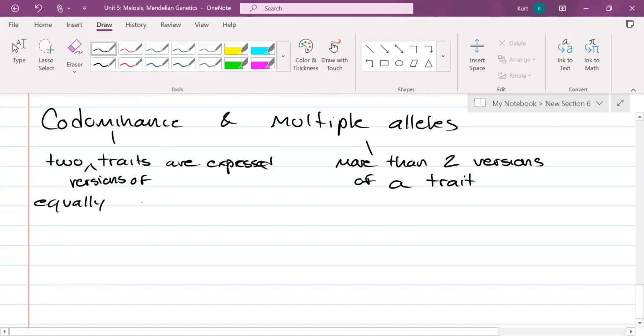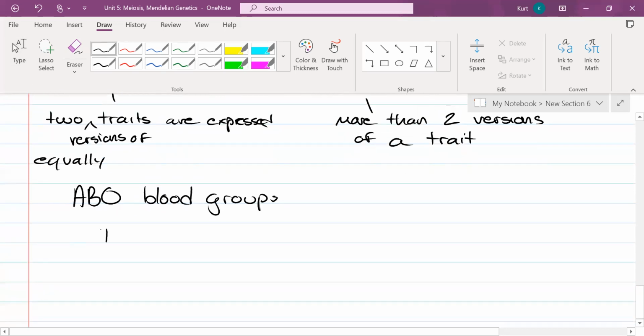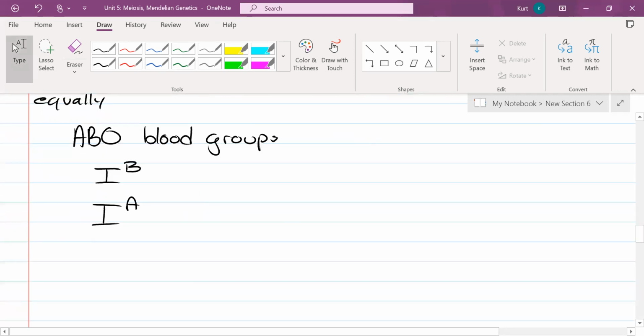All right, so the example that we can use for both of these is the A, B, O blood groups. This is the B allele. This is the A allele. This is the O allele. The fact that there are three different alleles there is an example of multiple alleles. Again, these are the alleles.